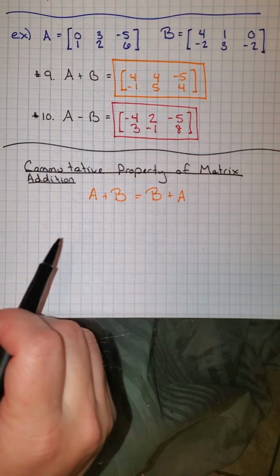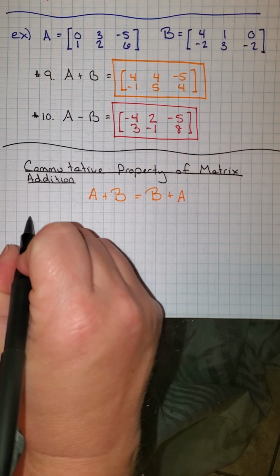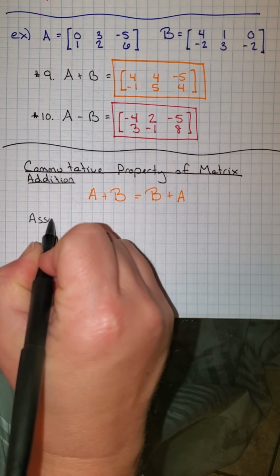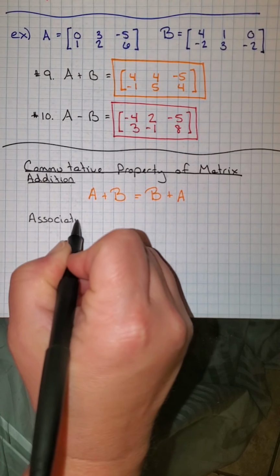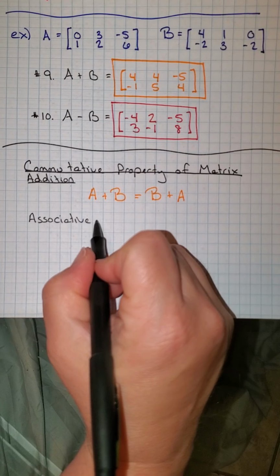And then the associative property of addition also applies, where you can move the parentheses and they're still equal.